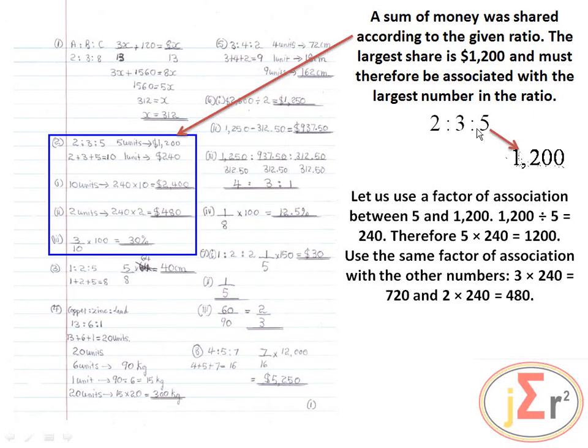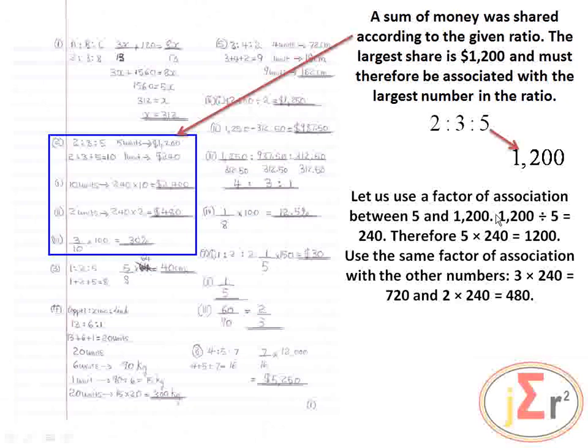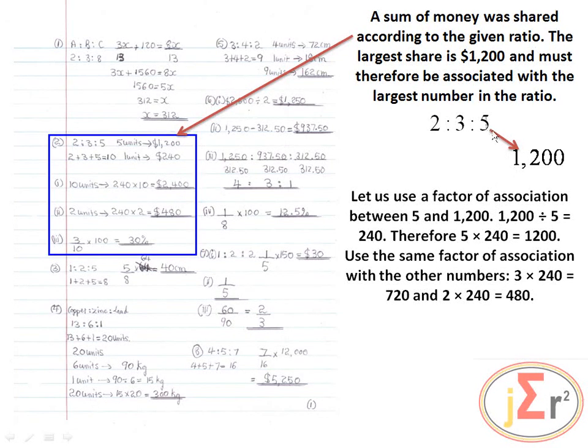That number will be used to make the transformation between 3 and its associated share, and also between 2 and its associated share. That number that we determined was 240. Therefore, 5 times 240 gives 1,200.